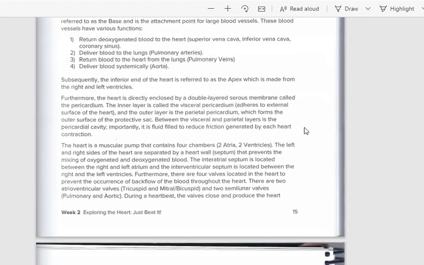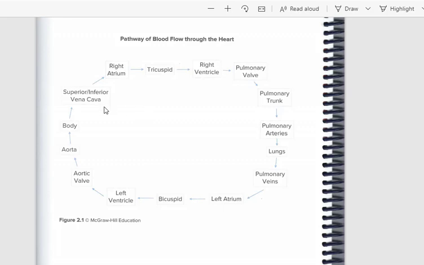They act like it is a circle like this, and so it flows in from the inferior and superior vena cava into the right atrium over the tricuspid, which drops it down into the ventricle, and then from there it's pumped over to the pulmonary side, through the pulmonary valve, goes through the trunk, branches off to the arteries, goes to the lung, comes back to the veins, through the veins to the left atrium, goes through the bicuspid valve, drops it down into the left ventricle, and then it's pushed through the aortic valve, through the aorta, and out to the body, and then back to the superior vena cava.